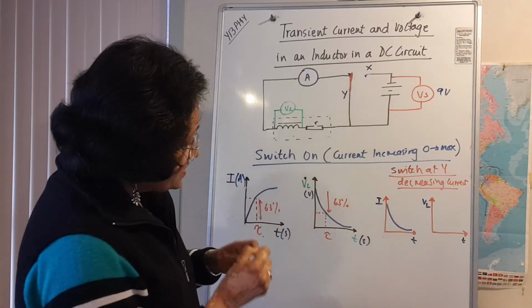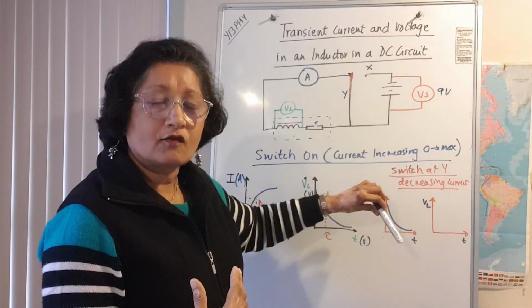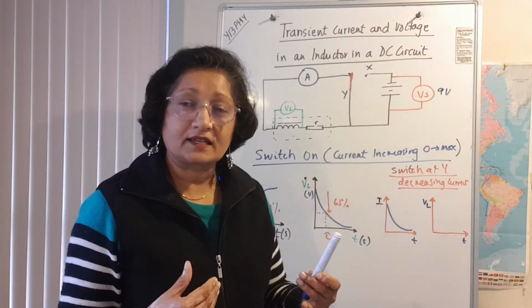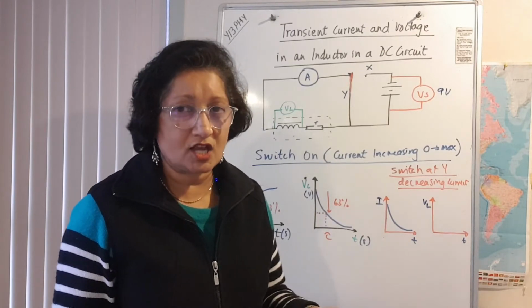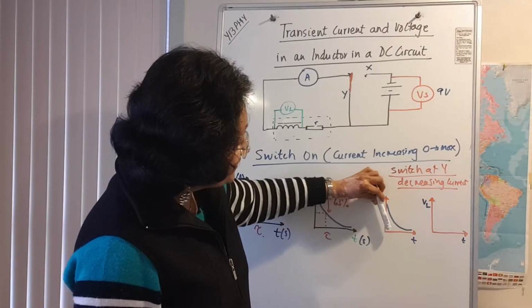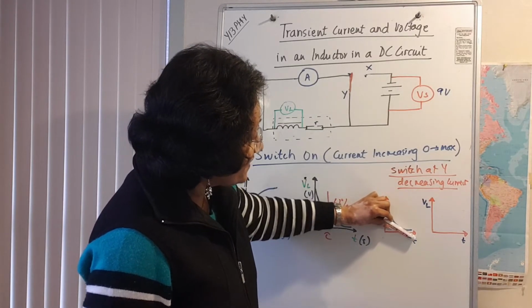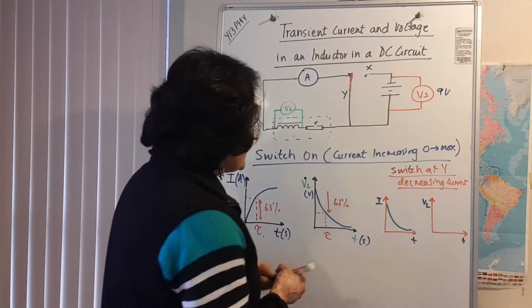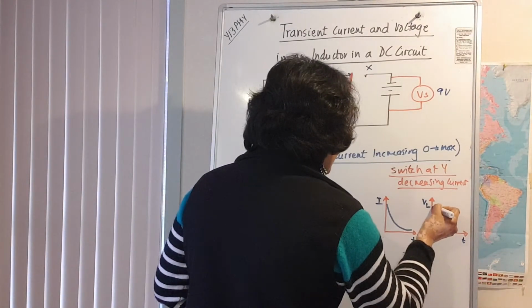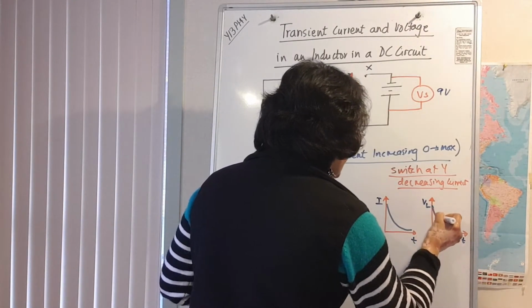But now if you look at the slope, the voltage across the inductor depends on how quickly the current is changing. The current is changing most rapidly at the start, right? So the voltage across the inductor is a maximum at the start, and then it falls to 0.